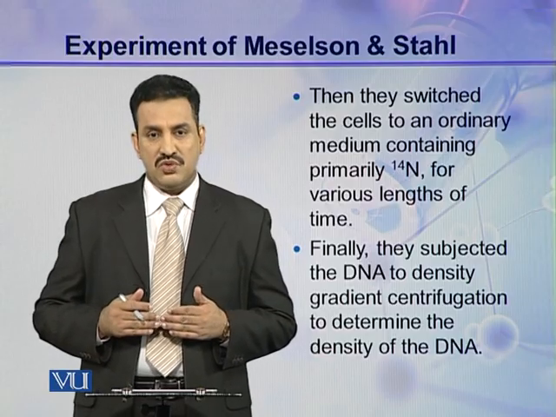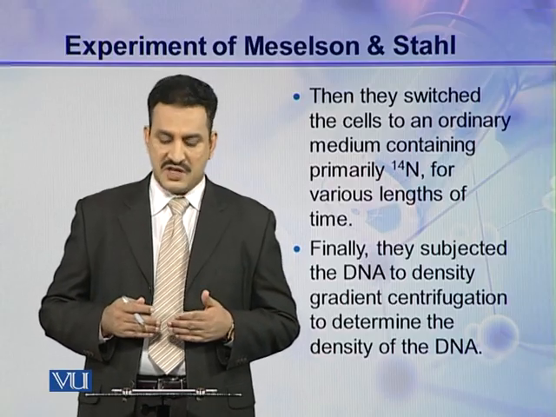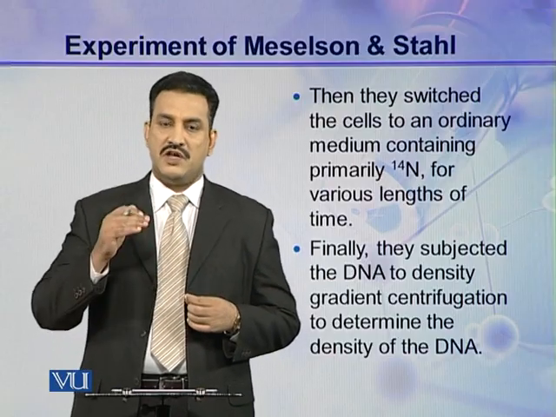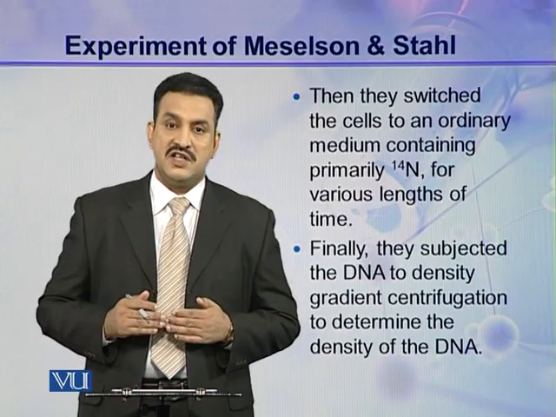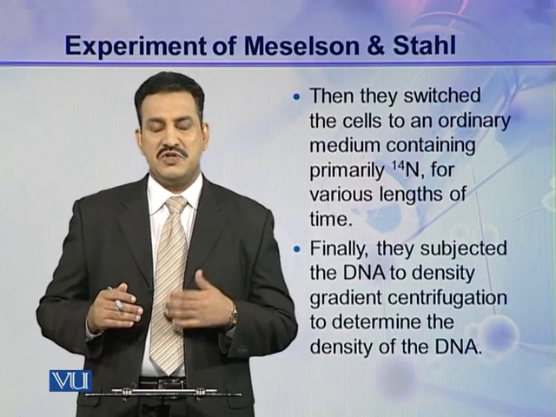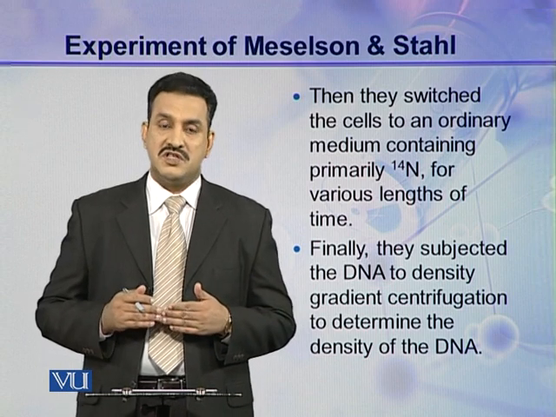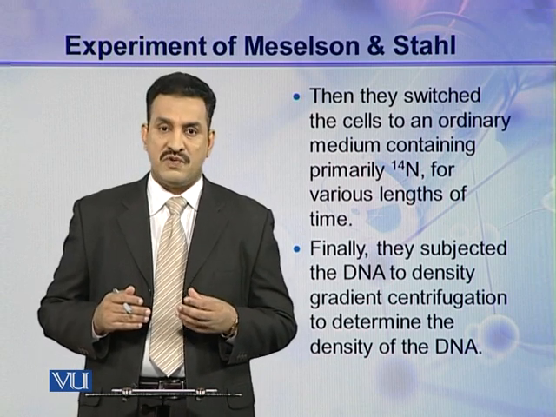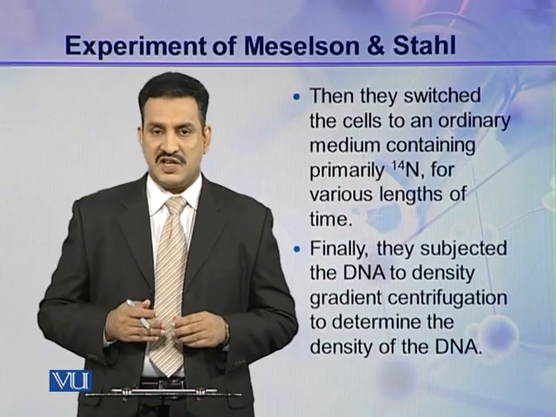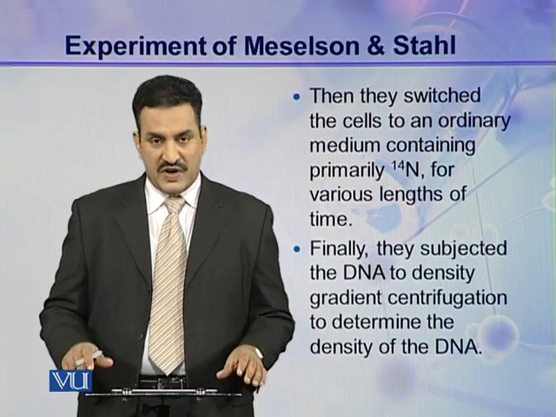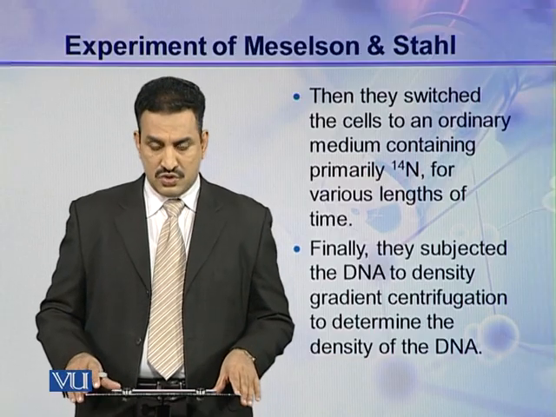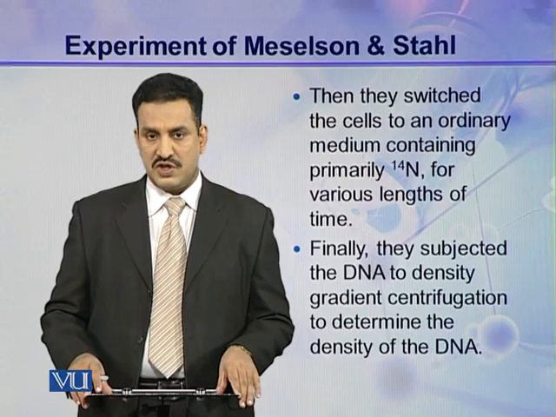They grew the cells in this normal medium for various lengths of time, so that at various stages they could see how much new DNA had been synthesized and what the proportion of N14 and N15 was in the newly synthesized DNA molecules. Finally, they subjected the DNA to density gradient centrifugation.